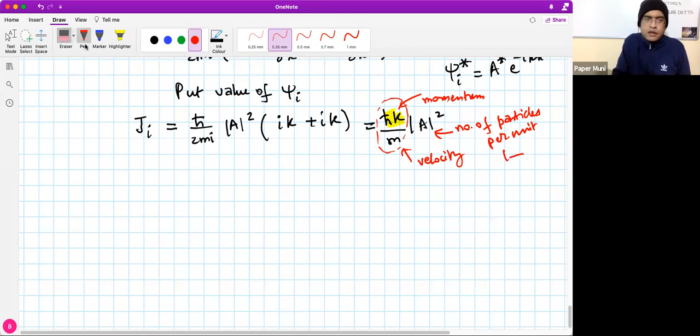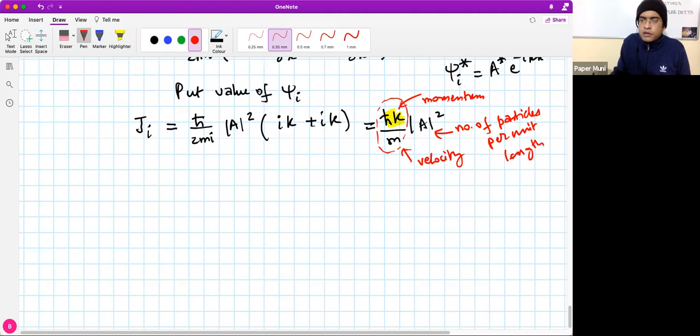So it basically boils down to whatever we wrote about J. We wrote the magnitude of J as the number of particles per crossing per unit area per unit time. So that is what it is. Per unit area, per unit length.